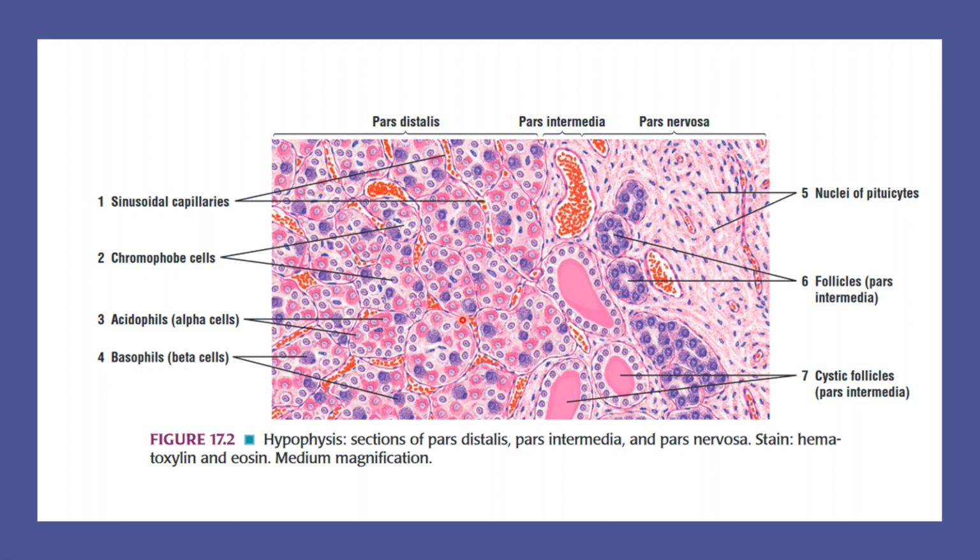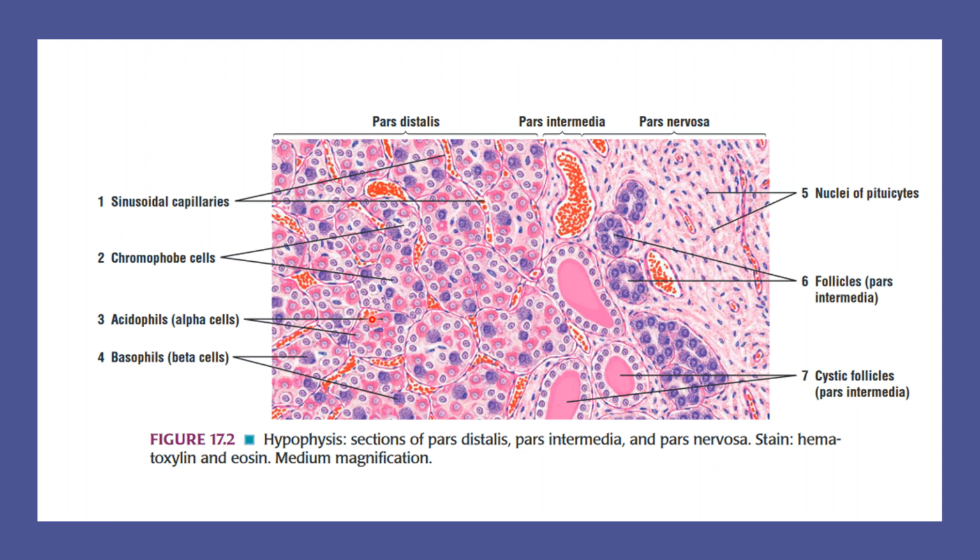Now first we will see the chromophils. Chromophils are once again divided into two groups, acidophils and basophils. Acidophils are otherwise called alpha cells. Here, some of the chromophils are darkly stained with eosin.